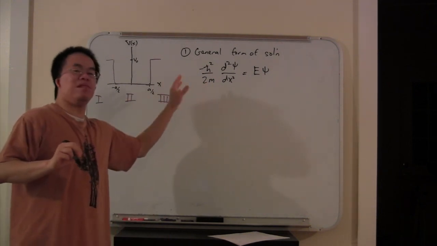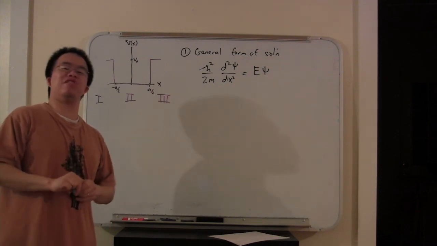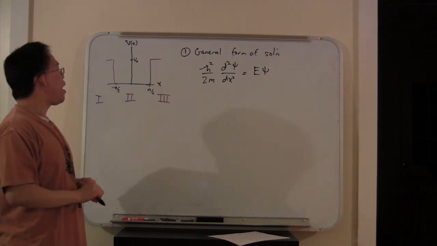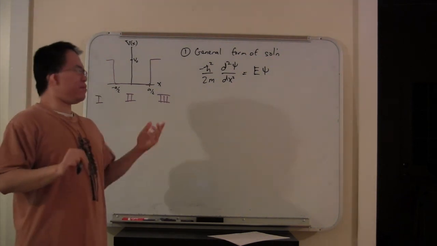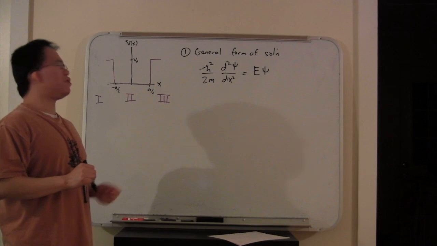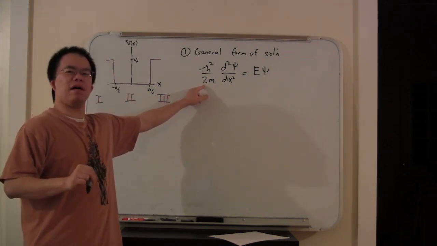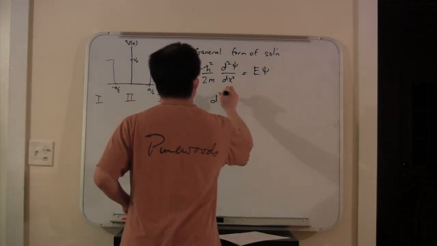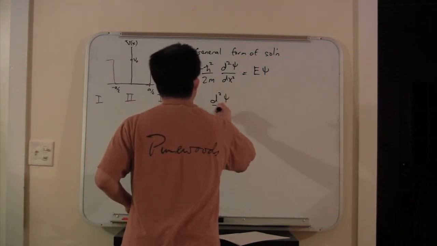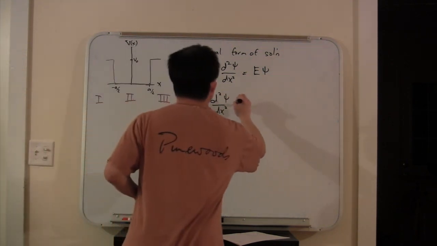We're solving for stationary states or energy eigenfunctions here. Okay, well, you know what this is going to look like, right? So if I rearrange this a little bit, if I multiply both sides by 2m over h bar squared, we're going to get a familiar looking equation.